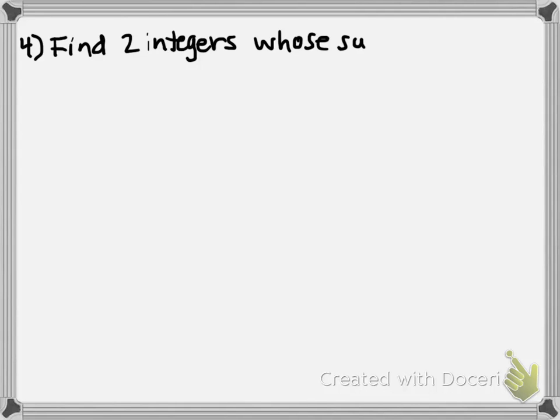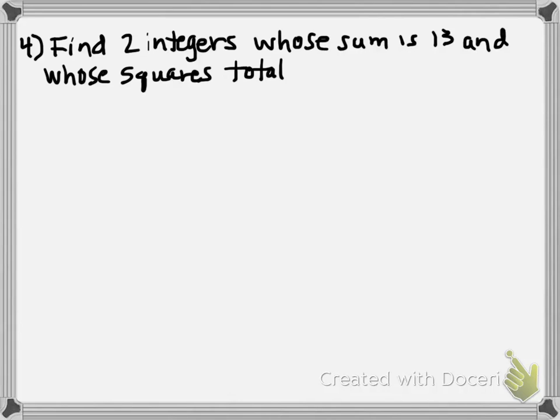It asks us to find two integers whose sum is 13 and whose squares total 89.